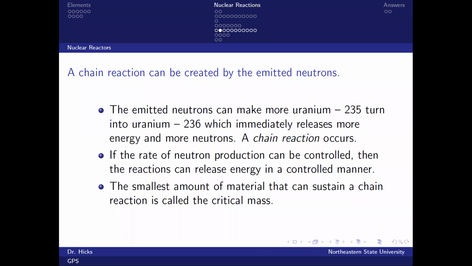If you can control that safely, then you can possibly create a nuclear reactor and generate electricity. The smallest amount of nuclear material that can sustain a chain reaction is called a critical mass. So as soon as I get up to the critical mass of the material, I can get a chain reaction going.